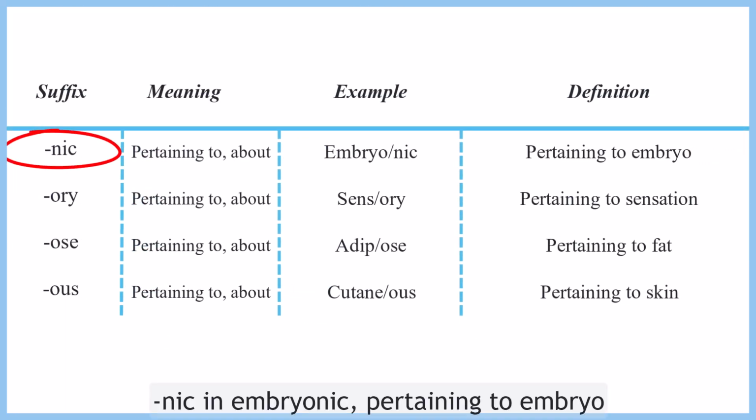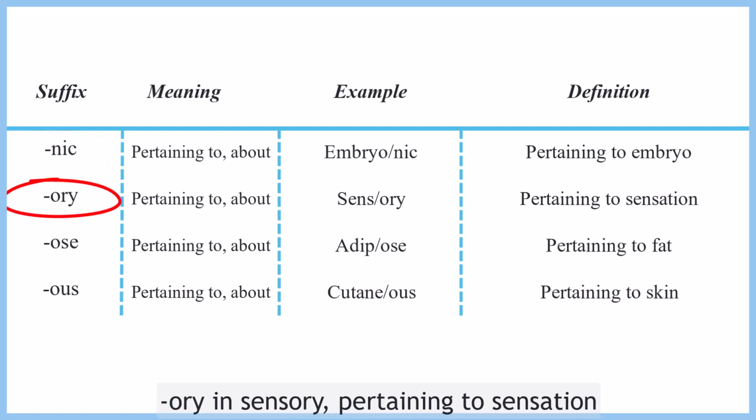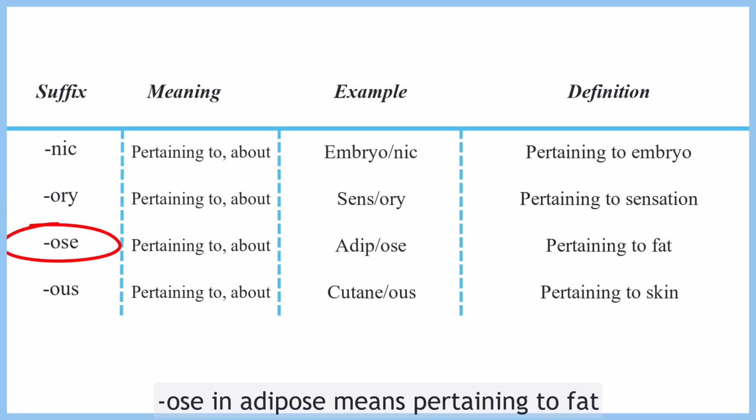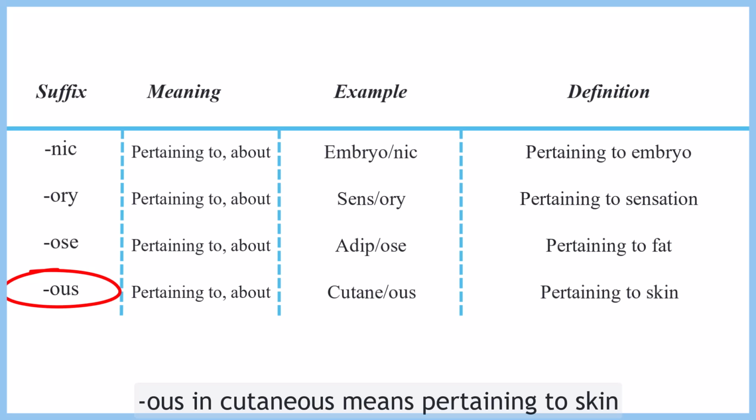Nic in embryonic, pertaining to embryo. Ory in sensory, pertaining to sensation. Os in adipose means pertaining to fat. Eous in cutaneous means pertaining to skin.